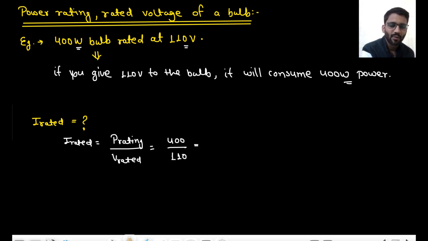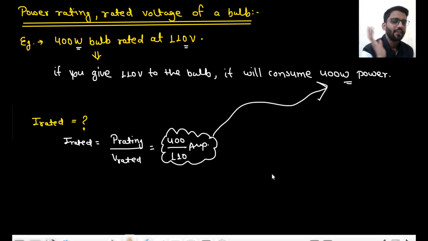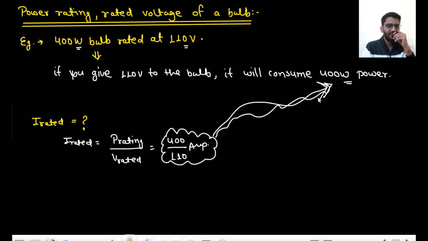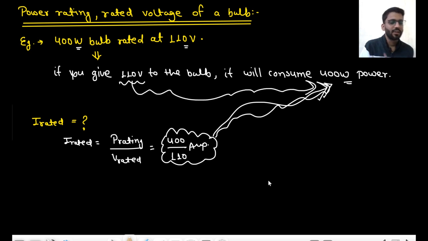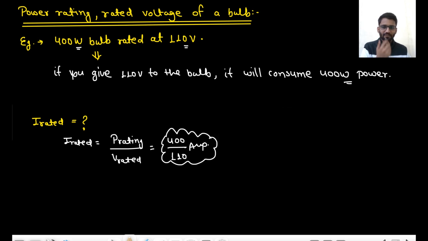So it would be 400 watt by 110. That means if in the bulb this much current is flowing, it will give you the power equivalent to 400 watt. If in the bulb 400 by 110 ampere current is flowing, it will give you the power equivalent to 400 watt. And if the voltage across the bulb is 110 volt, it will give you the power equivalent to 400 watt. Got my point?